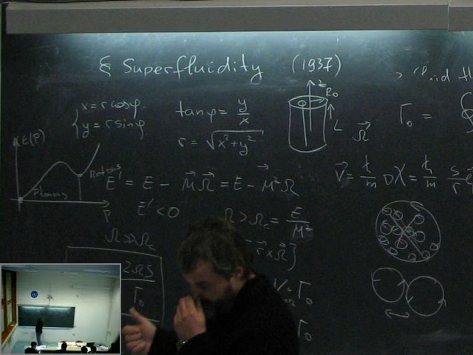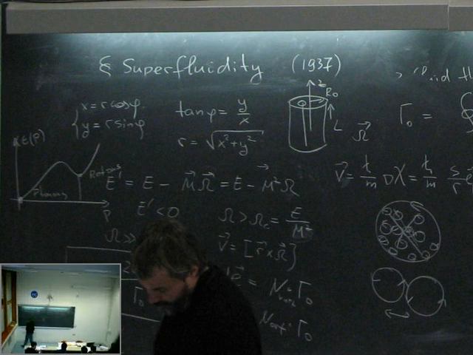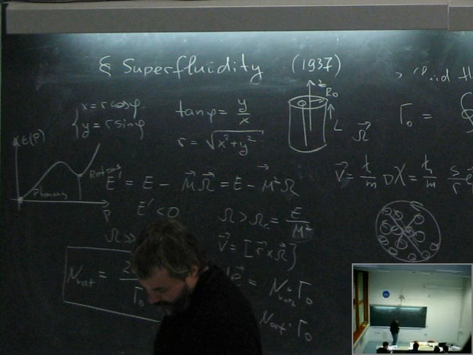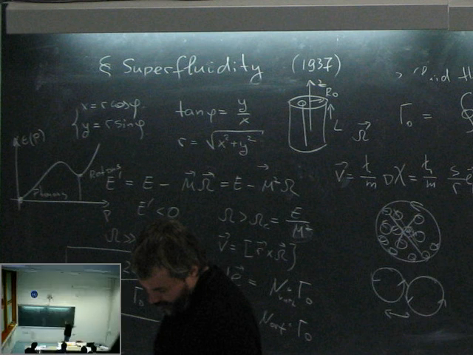The possibility to conduct electric current without energy losses is nothing but that, and this is closely related to the phenomenon of superfluidity, and Professor Yevtushenko will tell you that in some sense superconductivity is a superfluidity of Cooper pairs.